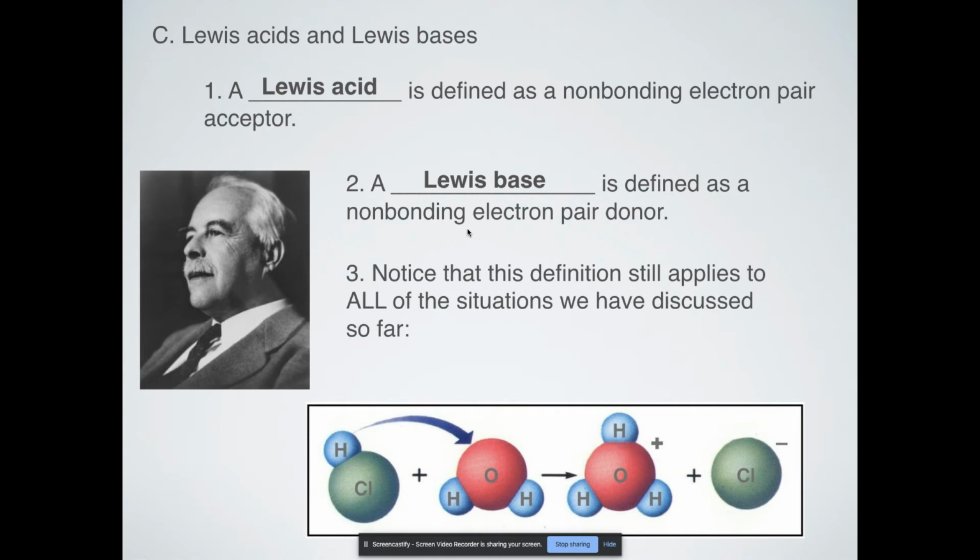But think about what is being donated and what's being accepted. In the Lewis acid and Lewis base cases, we're looking at negatively charged electrons. So in the case of the Bronsted-Lowry definition, we're looking at a positively charged hydrogen. So the reason why they're opposites here is because we're looking at oppositely charged things.